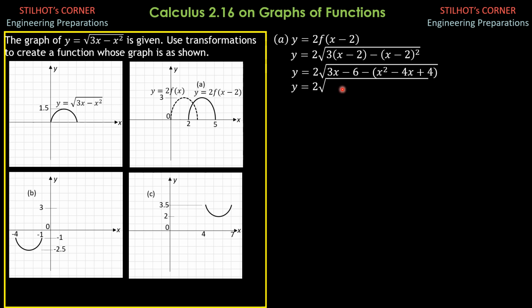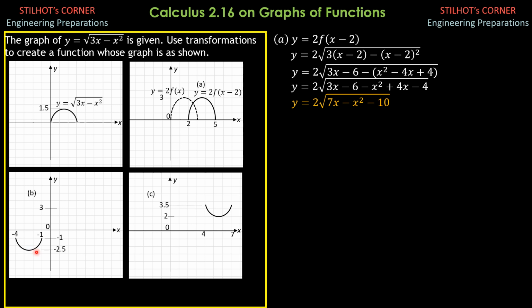Combining like terms, y equals 2 square root of 7x minus x squared. Negative 6 minus 4 is negative 10. So y is 2 square root of 7x minus x squared minus 10. So that's the equation of this graph. You can check. You substitute x is 2, x is 5, so y should be 0. X is 3.5 and y should be 3 to check that equation.